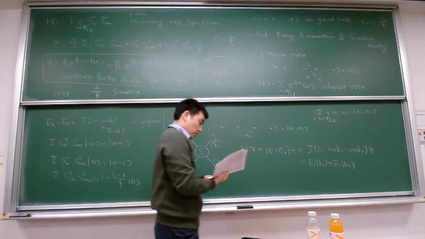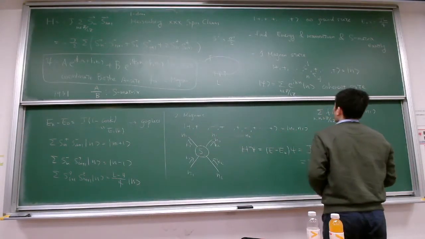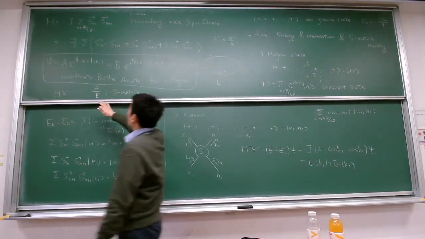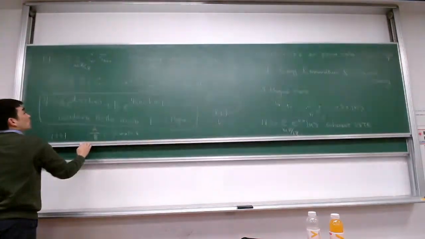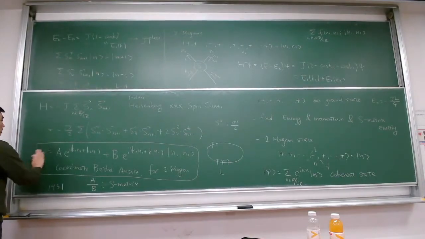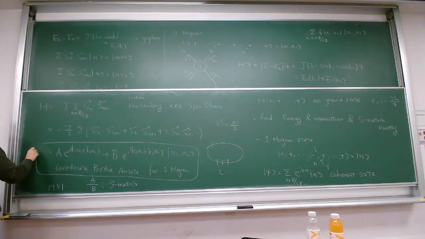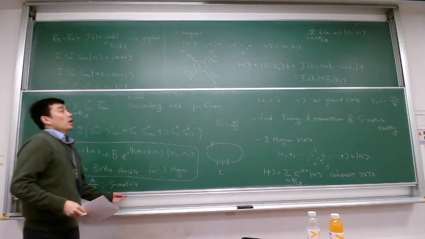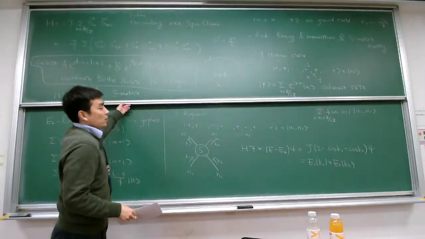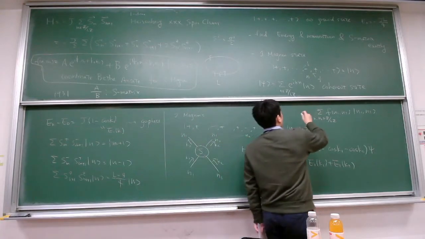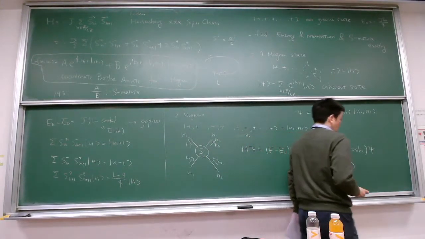So I should call this one F(n1, n2). And then coherent states is this one. Sorry, so this is the correct notation.